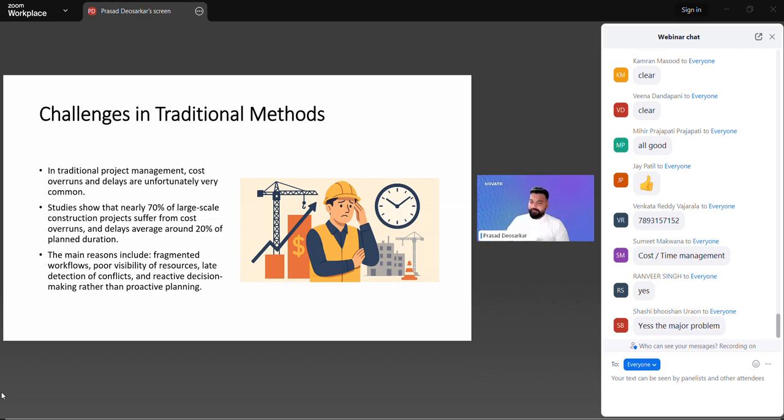So if I am someone joining a project as, let's say, an architectural coordinator, I'm going to look at only the architectural stuff. I don't care what structure, or what the MEP guys are doing. That's how, unfortunately, most of the people in the industry work, right? So the architectural coordinator is only concerned about performing for his particular discipline. He is not bothered about what other disciplines are going through.